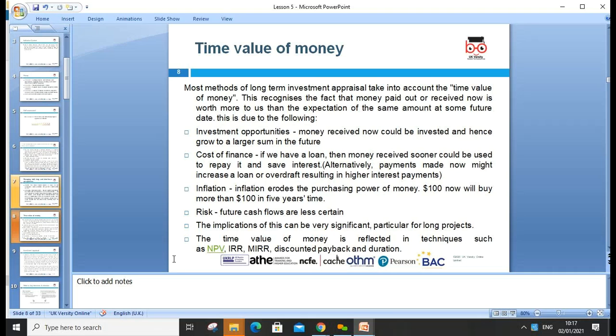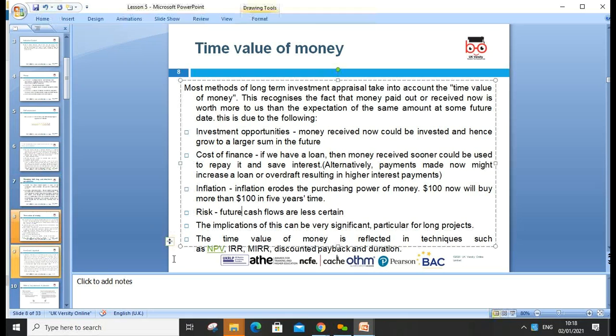Next we're looking at the time value of money. In NPV we're always looking at the time value of money. The pound today is worth more than the pound we will get in 1 year's time or 5 years' time. For long term investment, most take into account the time value of money.